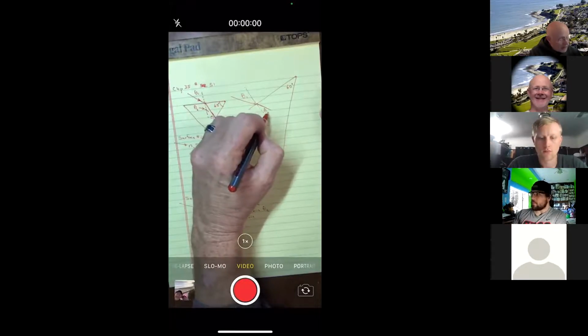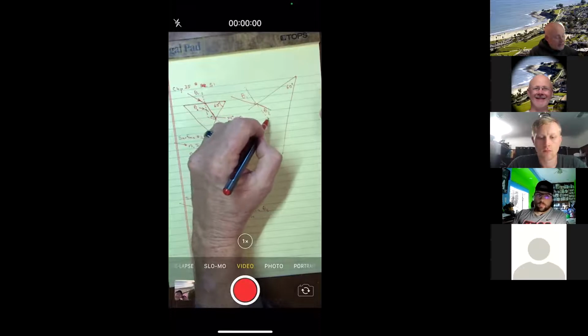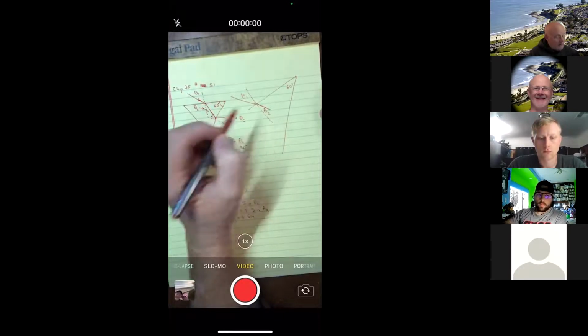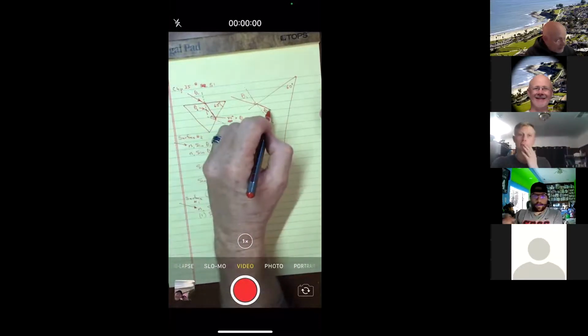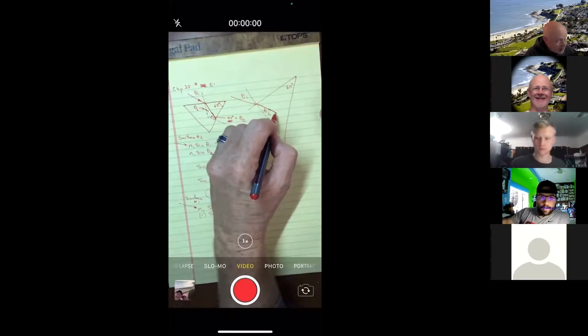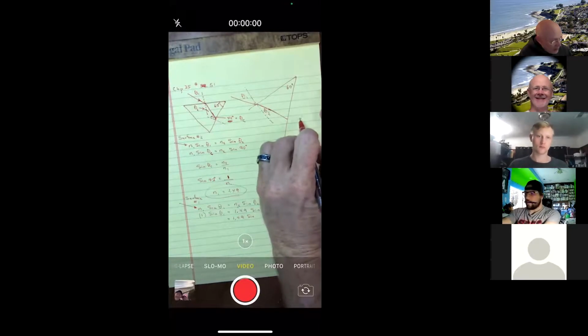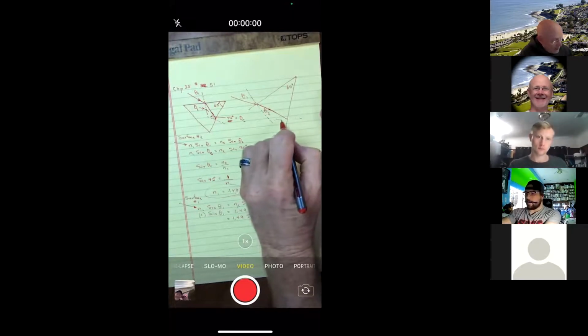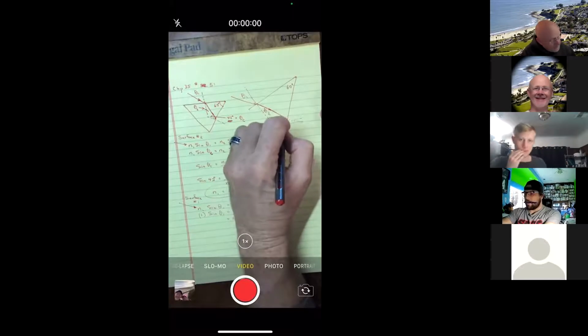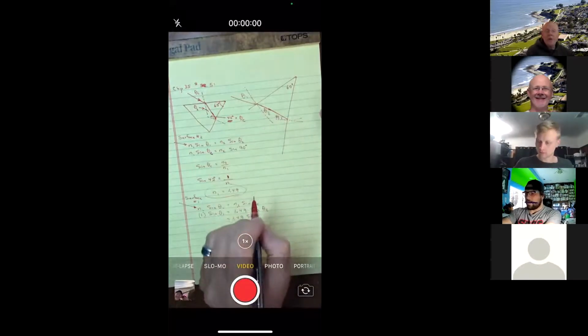This is what I'd like to know, that theta 2. Now, as you watch this come across, and we draw a normal here, they told us this is a 42.